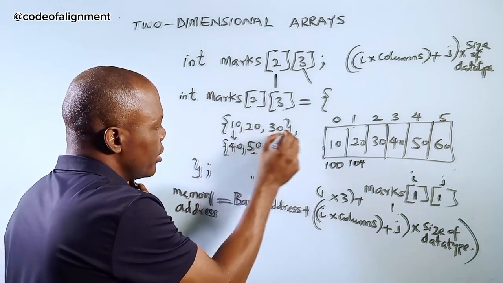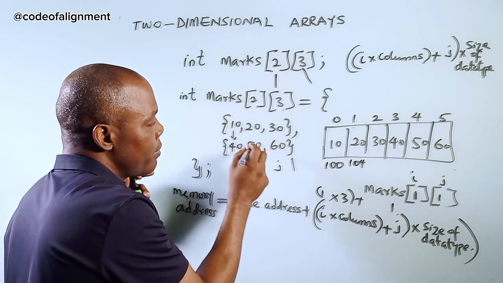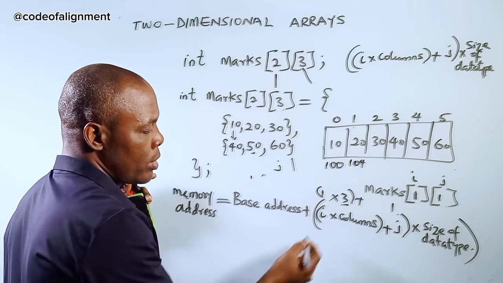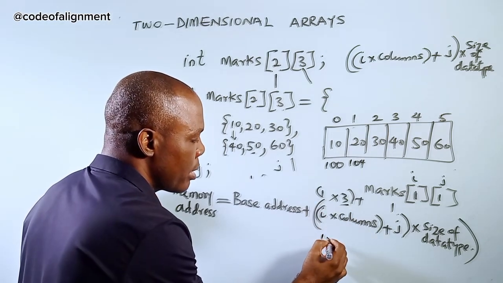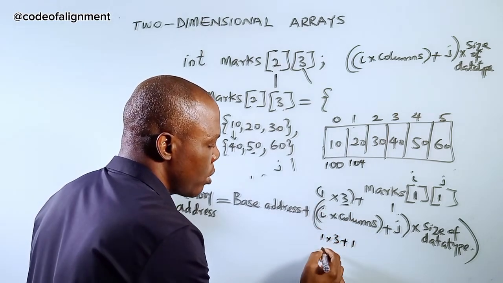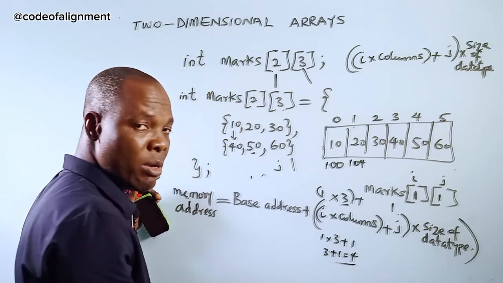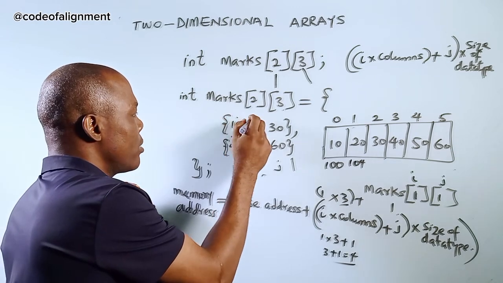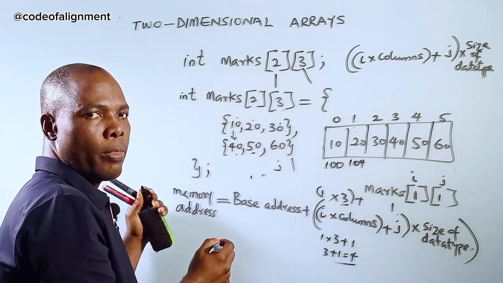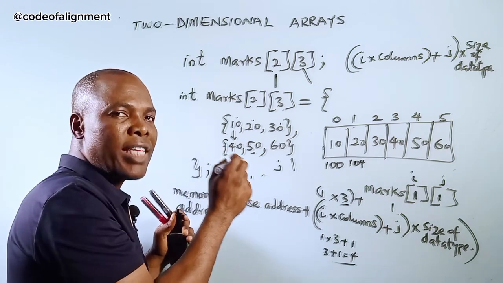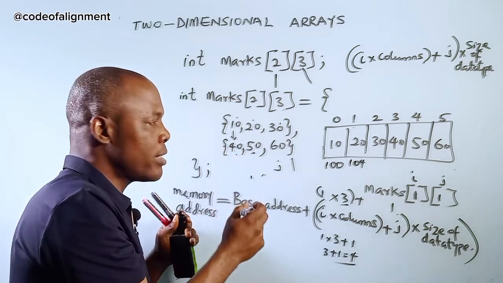But the total number of columns that we have is what? 1, 2, 3. That's why we are having these 3. So 1 times 3 plus 1. That is 3 plus 1 equals 4. That is the number of elements you are going to pass, which is 1, 2, 3, 4, before we get to 50. But what is the size of each element? 4 bytes.